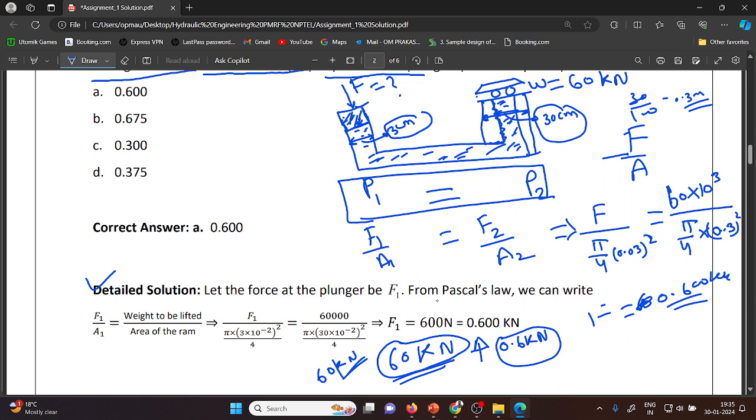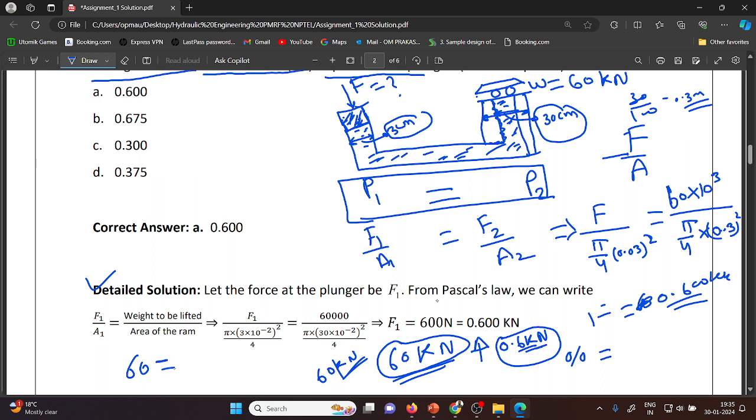After this application, if you want to calculate how much force you have saved, are you able to give the answer? How many times?